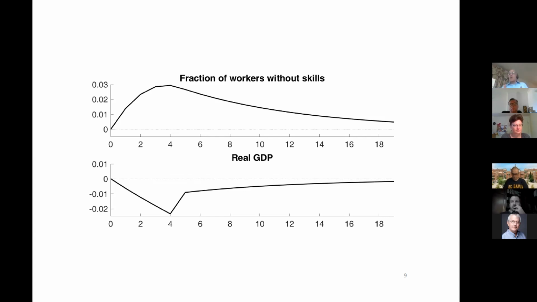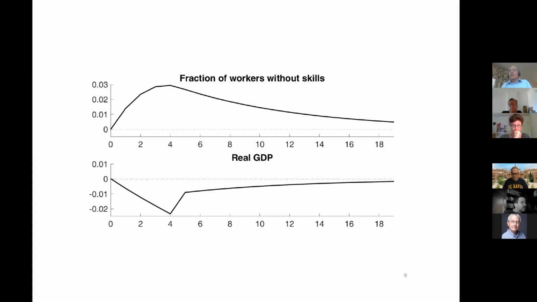And as it rises over time, as I said, that's a factor lowering real GDP through this Keynesian multiplier. We're just not producing as much of the high valued stuff. And that continues through the first 4 periods. After the beginning of period 5, the demand shock is all gone.